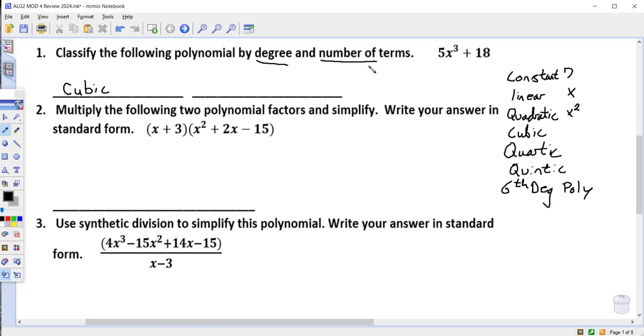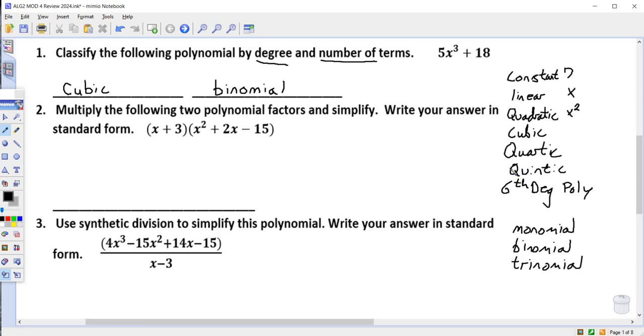And then we would say the number of terms. So this has 2 terms, and it is called a binomial. If there's just 1 term, we call that a monomial. So 1 term, monomial. 2 terms, binomial. 3 terms, trinomial.